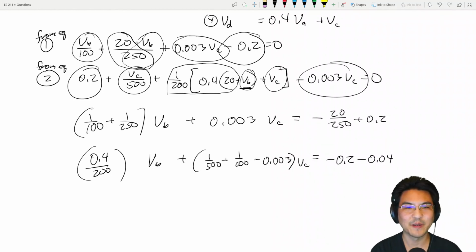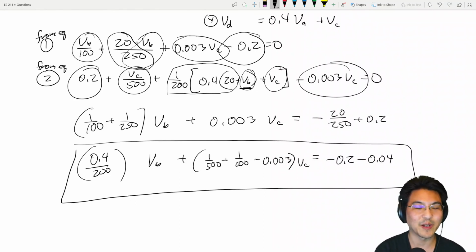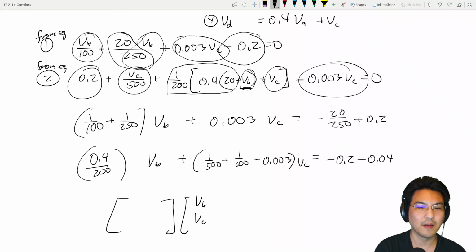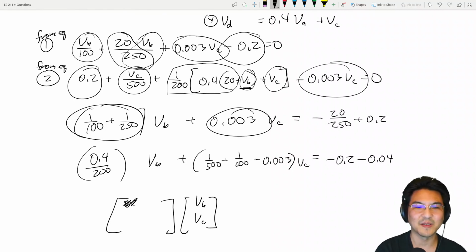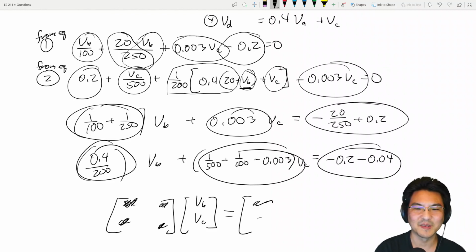Right, so already we have two equations, two unknowns. You can solve this by hand, right? Like you can solve this for V, write it in terms of VB, substitute it here, solve for VC. Or you can write it as a matrix, right? Just this goes here, this goes here, this goes here, this goes here, equals that goes here, and that goes here, right?